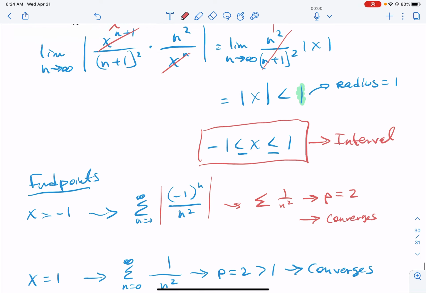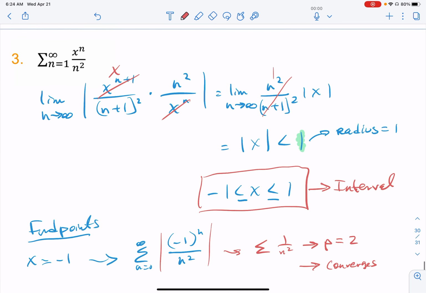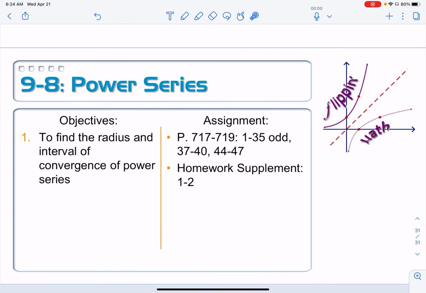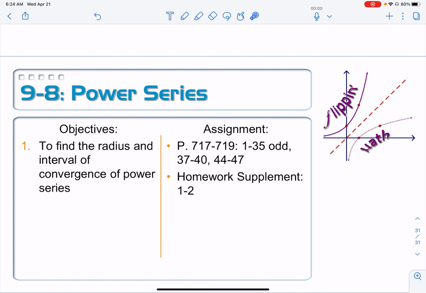Interval of convergence. The domain of this thing, if it was taken as a function defined by some sort of power series, which brings us, folks, to the end of our lesson. We were able to find both the radius and the interval of convergence for a power series. A power series you can think of as a whole entire collection or perhaps a function of series. And we want to know where do all of those series converge, and that is the interval of convergence.